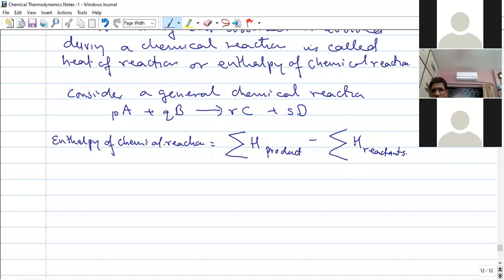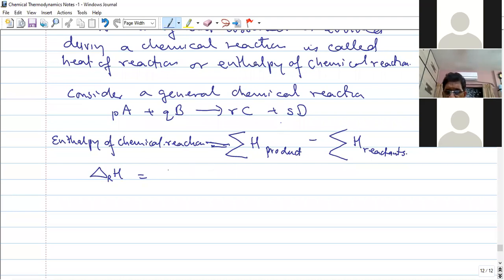Enthalpy of chemical reaction is equal to summation of enthalpy of product. So this is enthalpy of chemical reaction. Product कौन से?